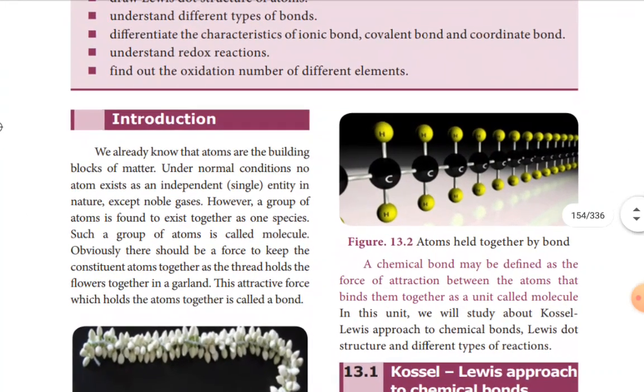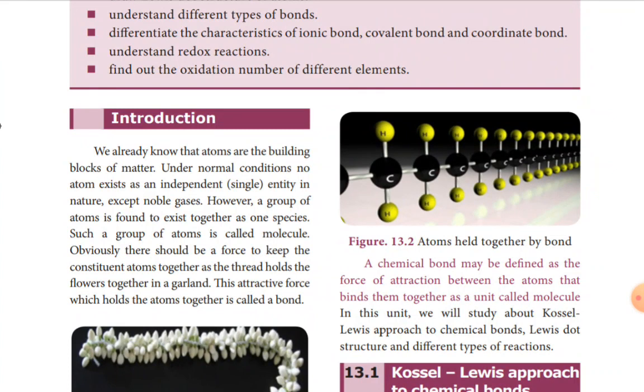In the introduction part it is given: we already know that atoms are building blocks of matter. Under normal conditions, no atom exists as an independent, that means single, entity in nature, except noble gases like helium, neon, argon, krypton. However, a group of atoms is found to exist together as one species.